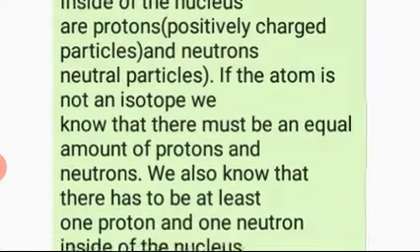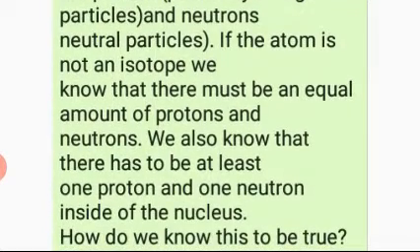If the atom is not an isotope, it means the neutrons are fixed. We know that there must be an equal amount of protons and neutrons, right? For example, the helium particle: atomic number 2 and atomic mass 4, 2 electrons, 2 protons and 2 neutrons.